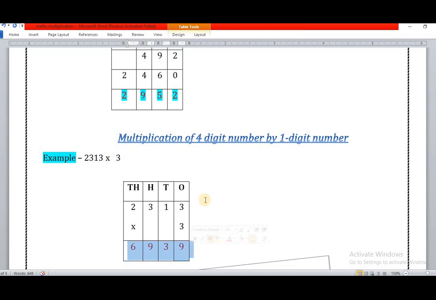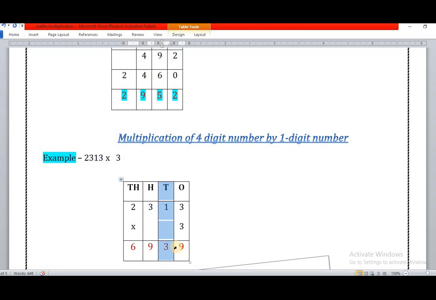Once again I'll explain this. First step, I have written the number according to their place, 1000, 100, tens, ones. I put the sign of into and I've written the number with which I am multiplying. Now, first is you have to multiply the number in ones place by 3. 3 threes are 9. I've written 9. The next step is you have to multiply the number in tens place by 3. 3 ones are 3.